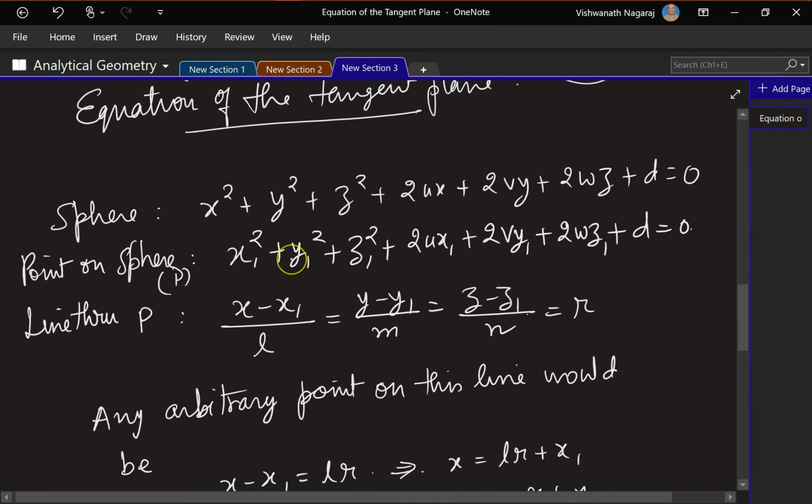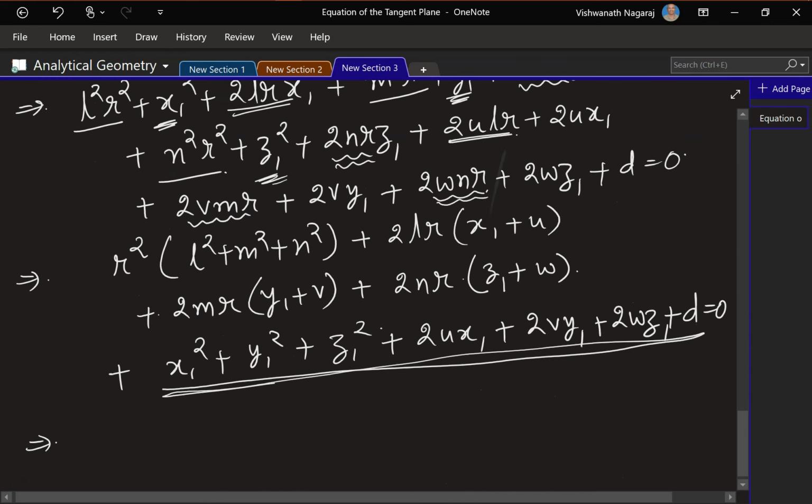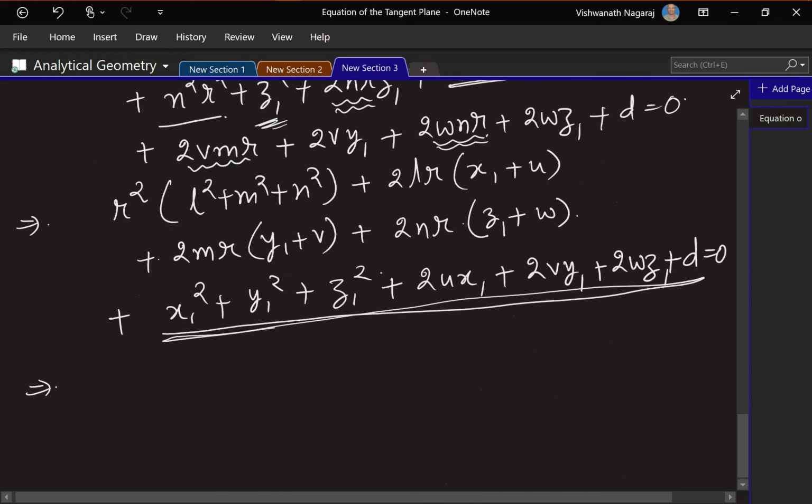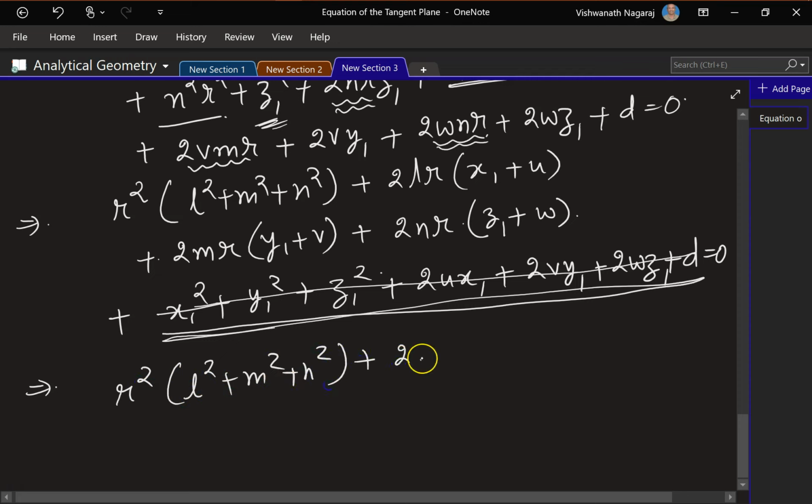Yes, point on a sphere. This is 0, so we can strike it out. So we are left with R square (L square plus M square plus N square) plus 2LR. Okay, since we are doing it, we might as well do some simplification.